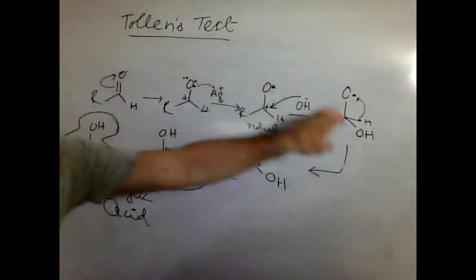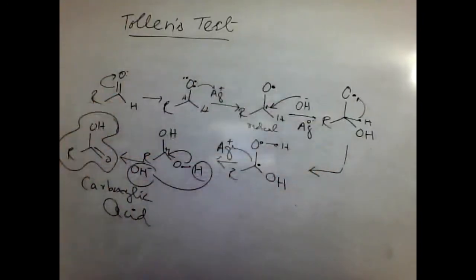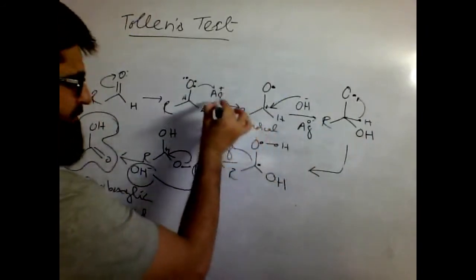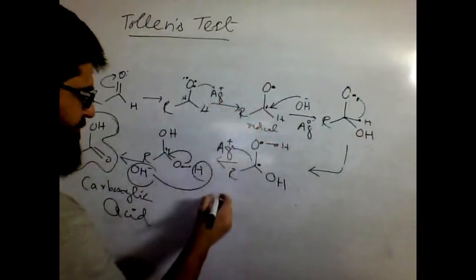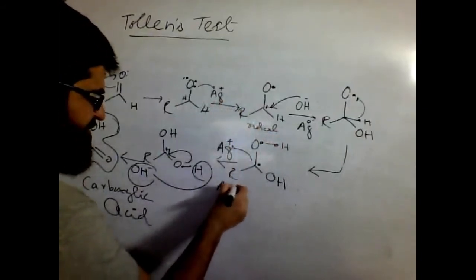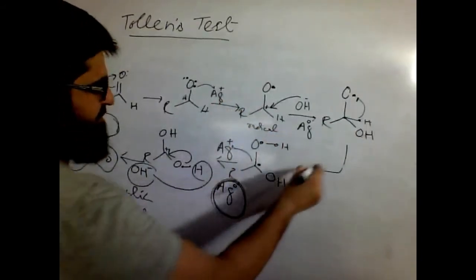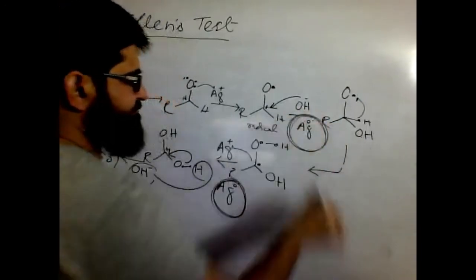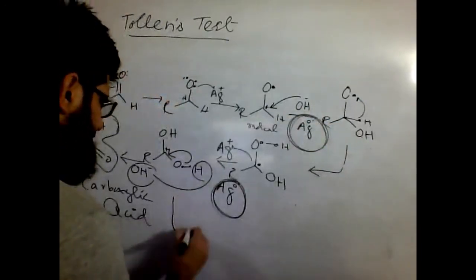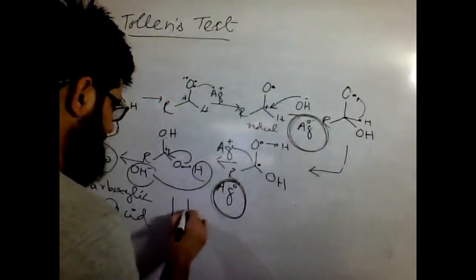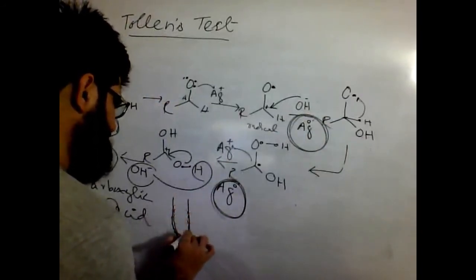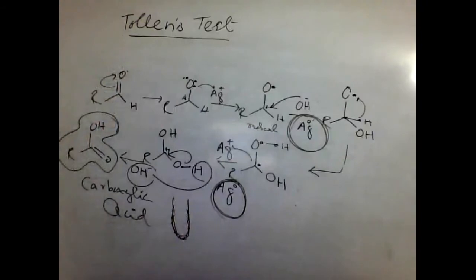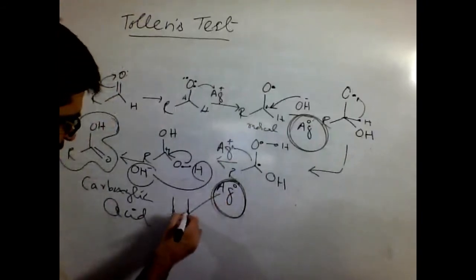During this carboxylic acid formation, starting from aldehyde, what is happening? Those silvers are being converted into Ag zeros, and these Ag zeros get deposited on the walls of the test tube, and that is what we observe.